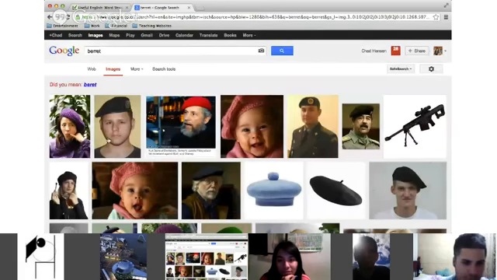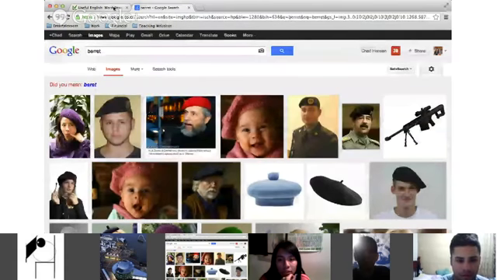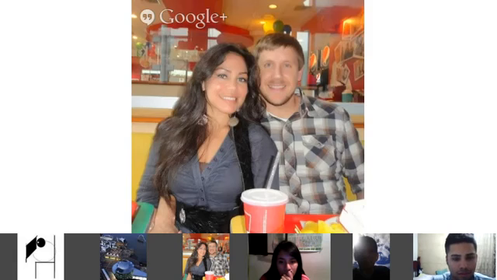Okay, it has French origin. This is beret. And it's a hat. It's a hat worn to the side, most famously worn by Saddam Hussein. That is a beret.